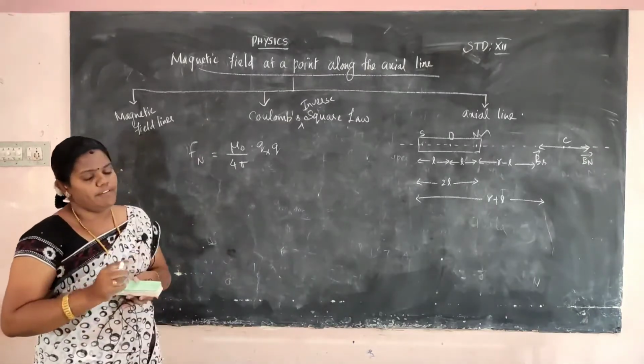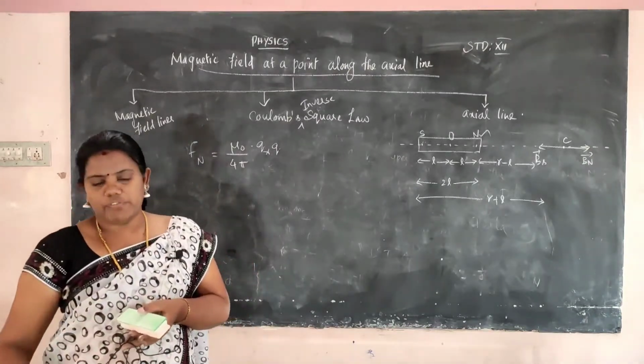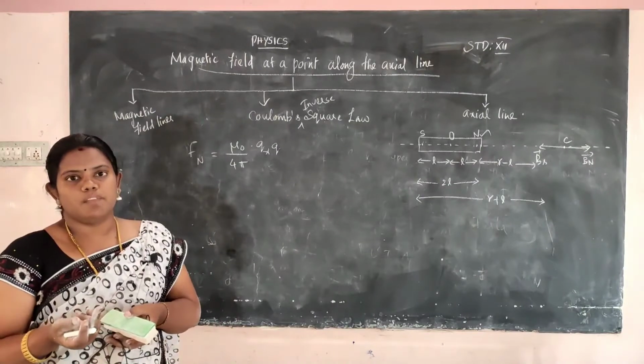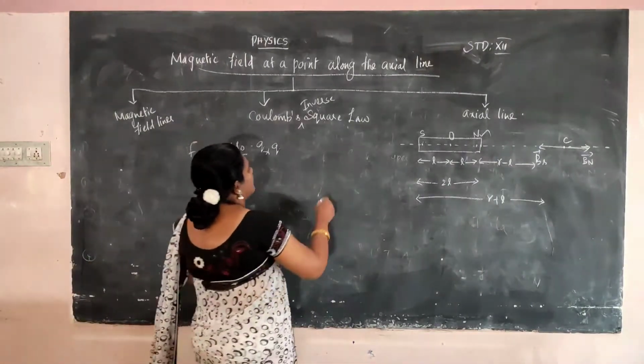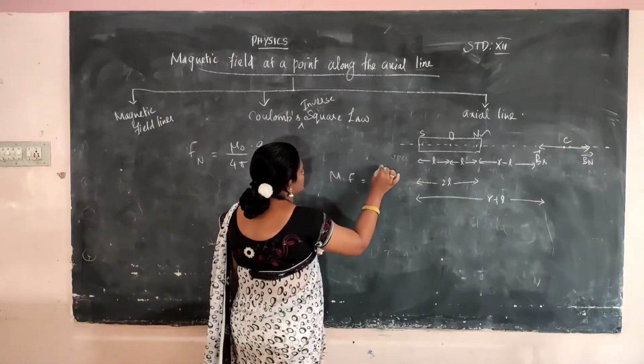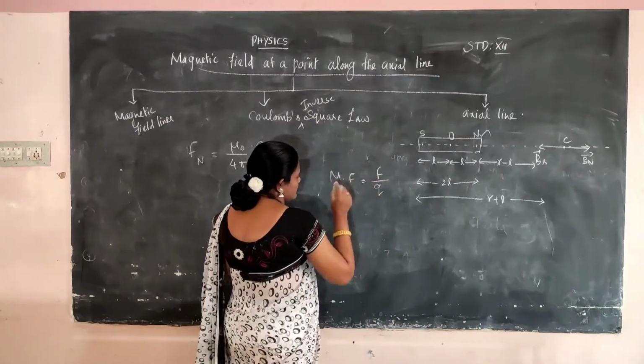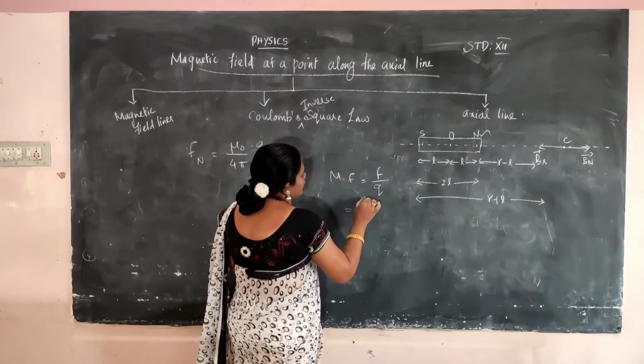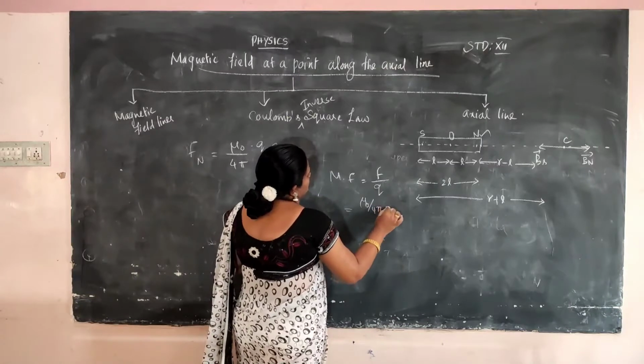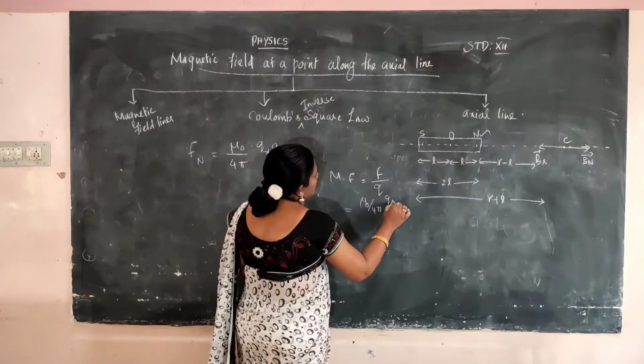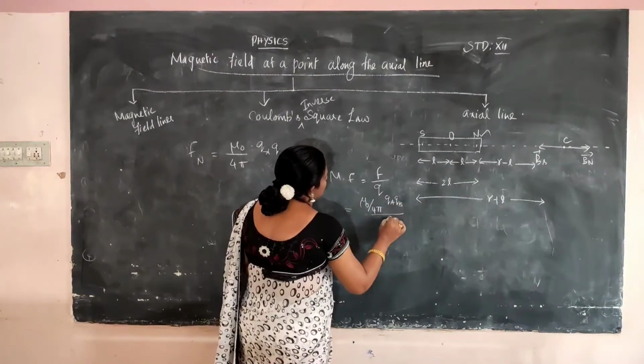But we only want the magnetic field. What is the magnetic field? It is force divided by pole strength. The force formula is mu naught by 4 pi QA QB by R square.